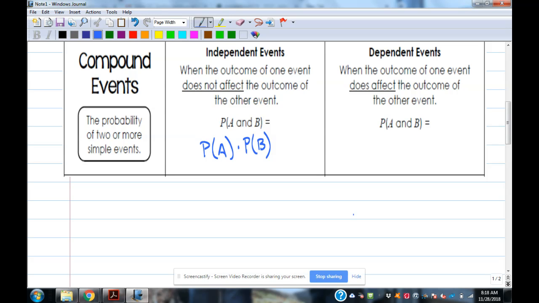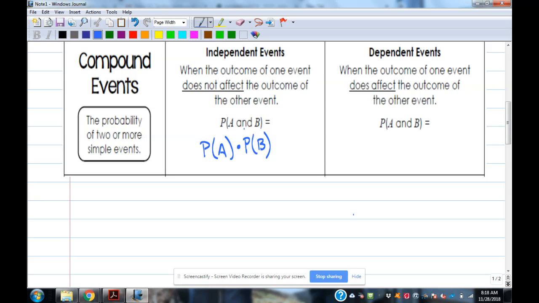Same way if you're just guessing on a multiple choice question, if you guess on the first question, whether you get the first one right or not, if you just guess on the second one, it's not affected by what you made on the first one. Right? So independent events, what happens first does not affect what happens second. And the probability is found by multiplying those two individual probabilities together. Okay.